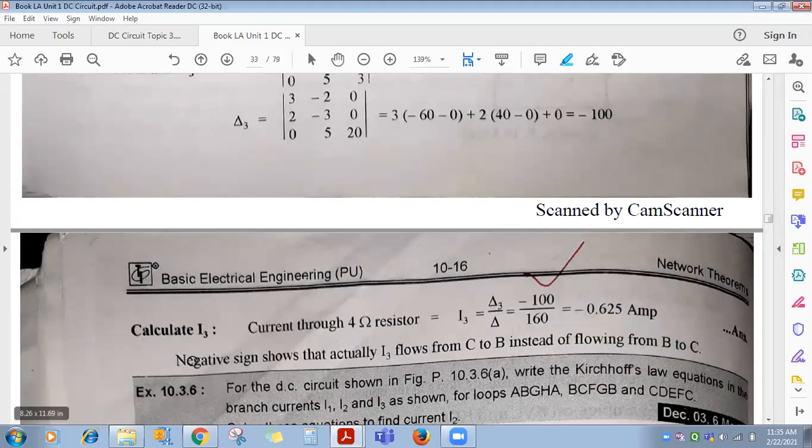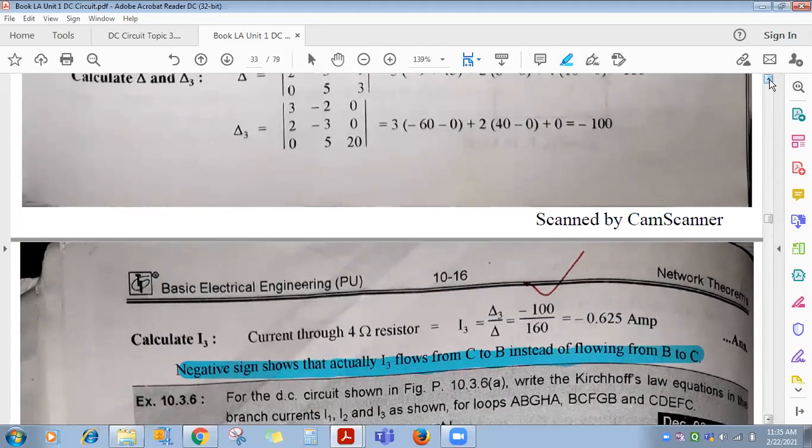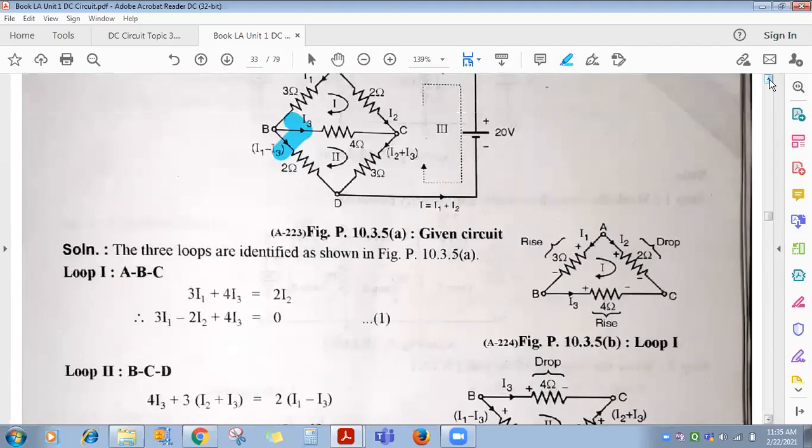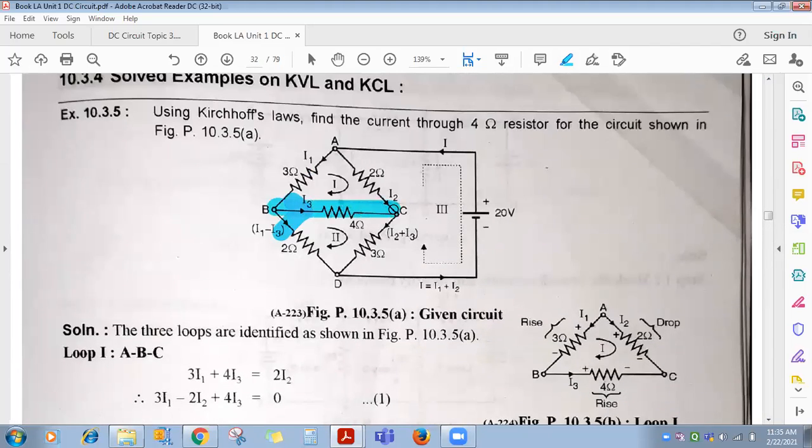See here it is written: negative sign indicates I3 actually flows from C to B. We have assumed it is flowing from B to C. So whatever you have assumed is wrong. Practically it will flow from C to B. Is this clear? You will get full marks for this.